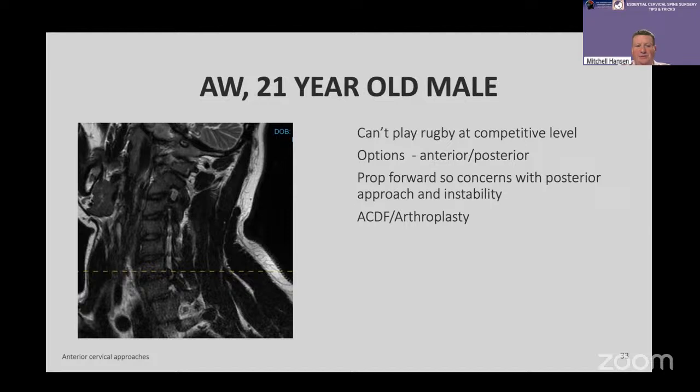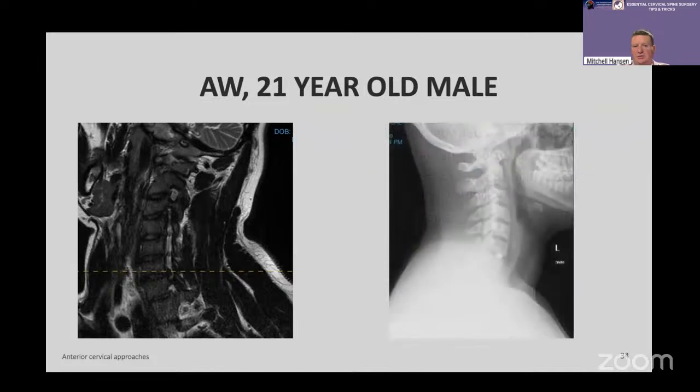So this then pushed me to look at an anterior approach. And so the options here were either an ACDF or a cervical arthroplasty. I elected, as he's 21, to look at a cervical arthroplasty to address his function.